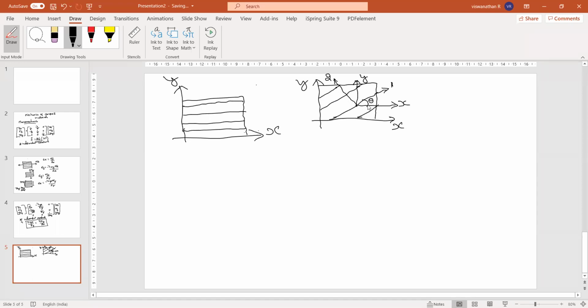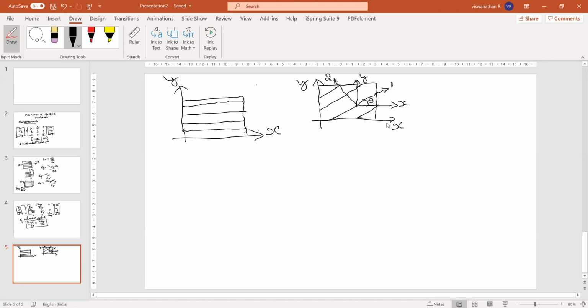Fibers. So what will be 1? Along the direction of the fiber is 1. Perpendicular to the fiber is 2. Matrix is there, but it's considered as homogeneous now. We are discussing macromechanics. So 1 is the direction of fiber, and 2 is the direction perpendicular to the fiber.